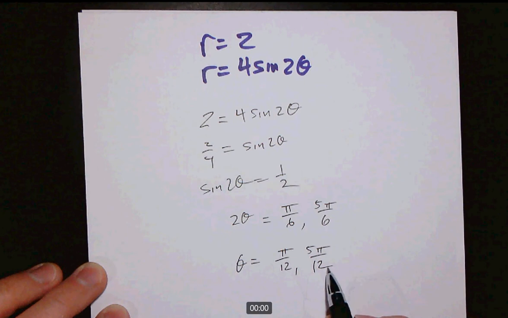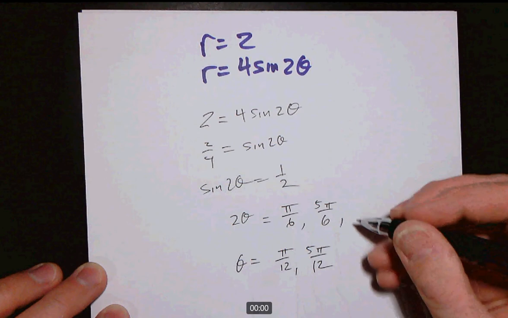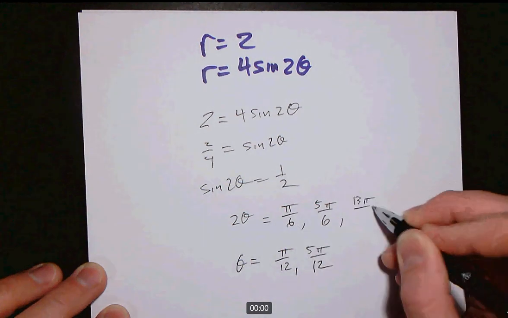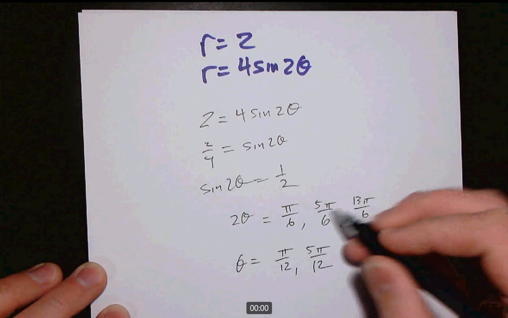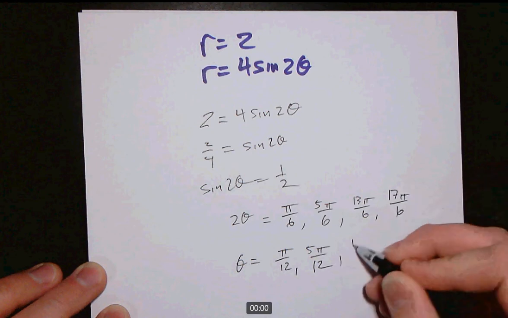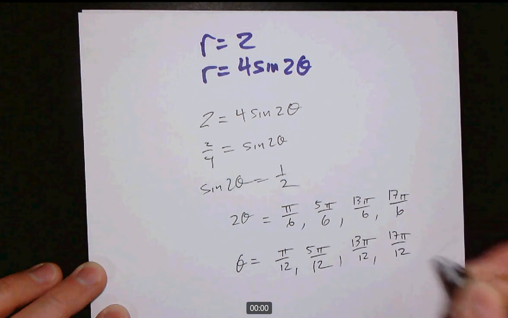Now this doesn't give us the full set of solutions from 0 to 2 pi. In order to do that, we need to extend this. So we could extend this by 2 pi. That would be 13 pi over 6. And then this would be 17 pi over 6, which would give us two more solutions, 13 pi over 12 and 17 pi over 12.